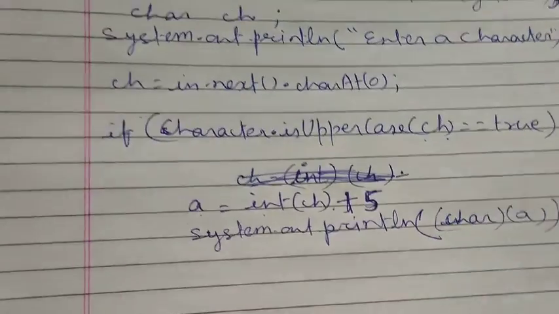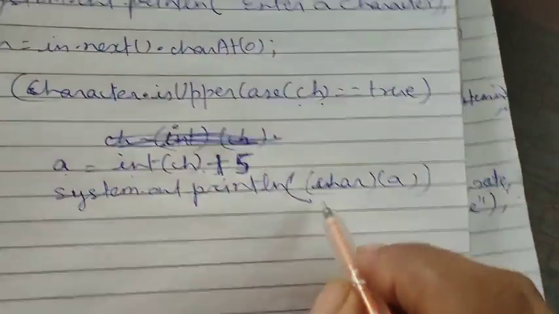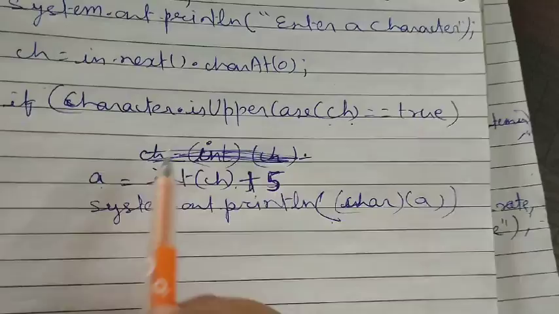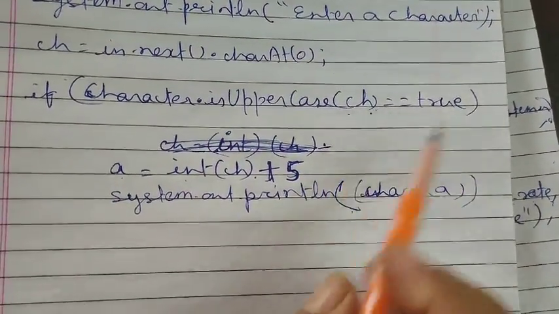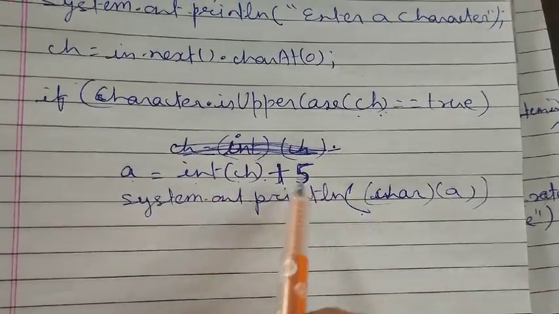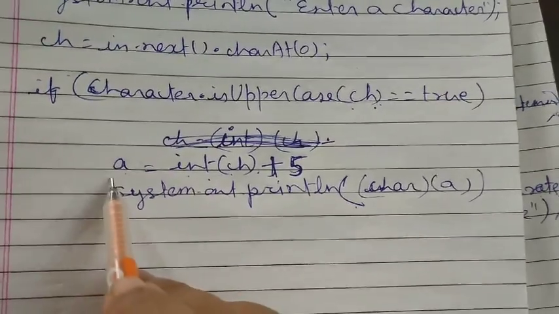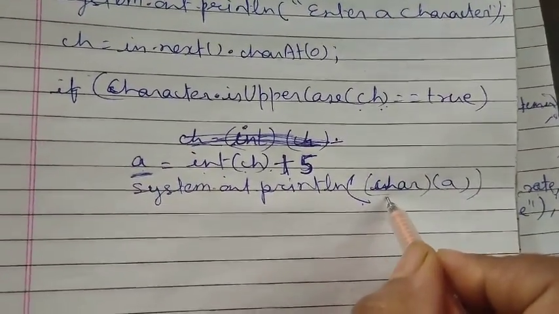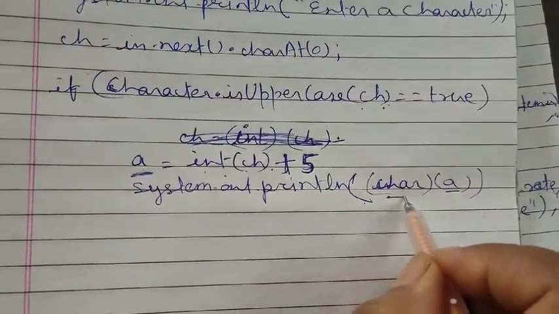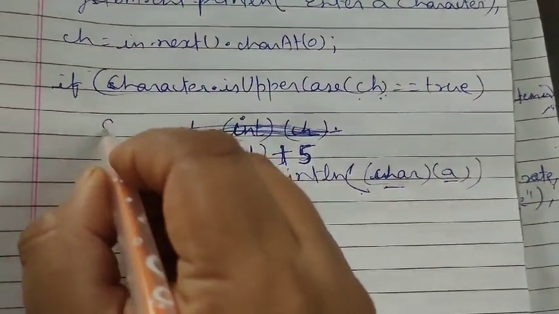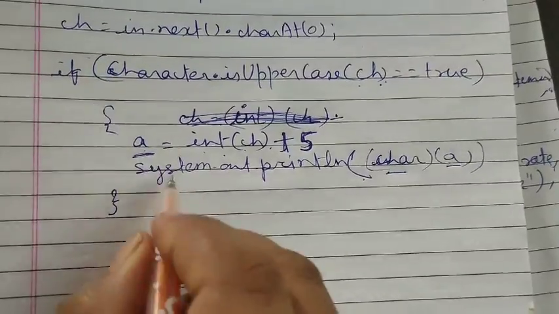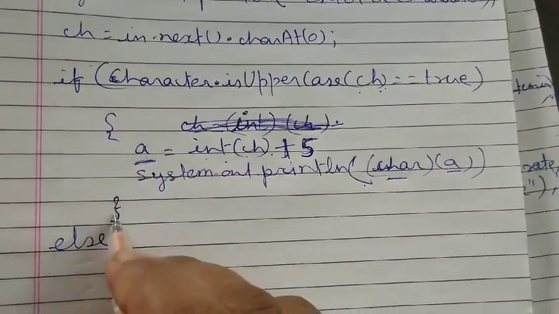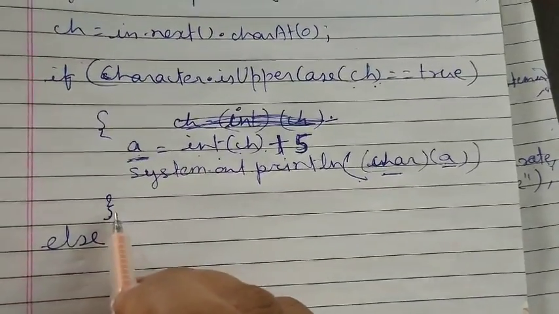That means I am giving instructions to the computer that if the character is uppercase, then add 5 to its ASCII value, and the character for whatever ASCII value is in a is converted and printed. Because I have written two statements, I am supposed to give curly braces.